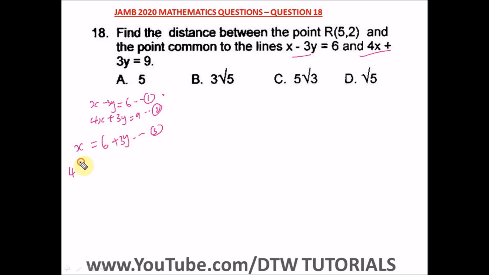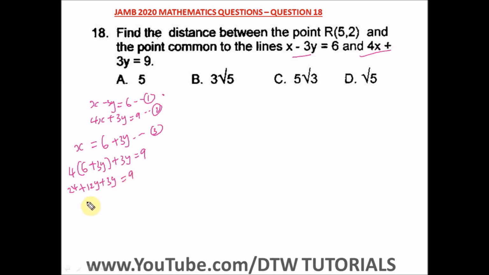So we have 4 bracket 6 plus 3y bracket close plus 3y equals 9. So let's open bracket. We have 24, that is 4 times 6, 24 plus 4 times 3, 12y plus 3y equals 9.